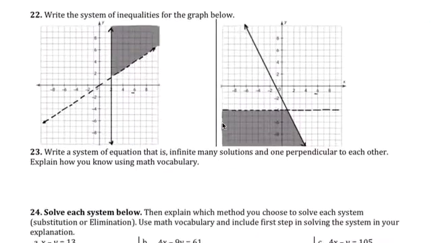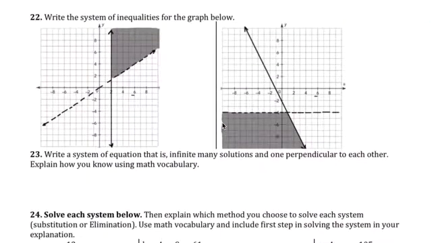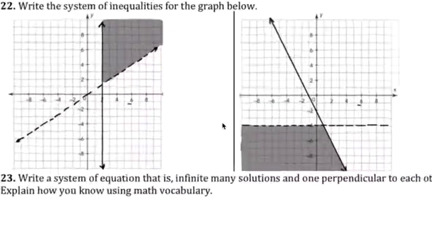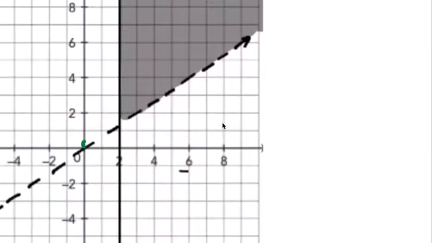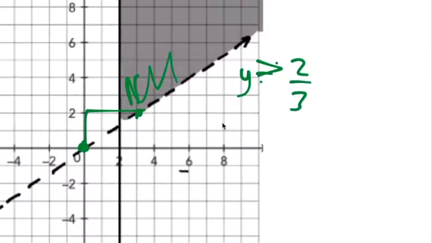Okay, and then 22. Oh, I think I gave you this one too, maybe. Right, system, 2 lines in 1. This is up 2 over 3, y equals, not equals, it's shaded on top of it, so it's greater than, y is greater than 2 over 3x.